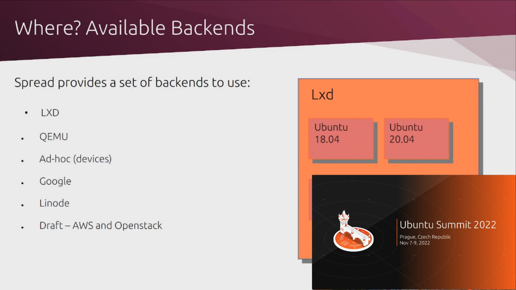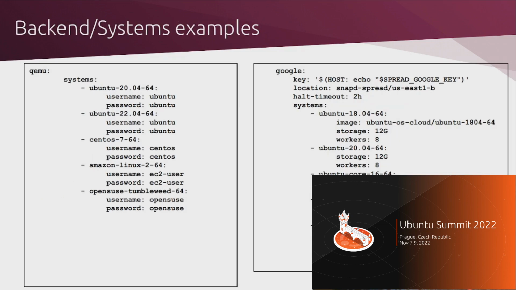Yeah, this is an example about LXD, which systems we could support. We'll see an example about this. This is just to show you how to configure a system for a backend. You just find which systems are supported. Some backends need you to configure user and password, but for others it's not needed.